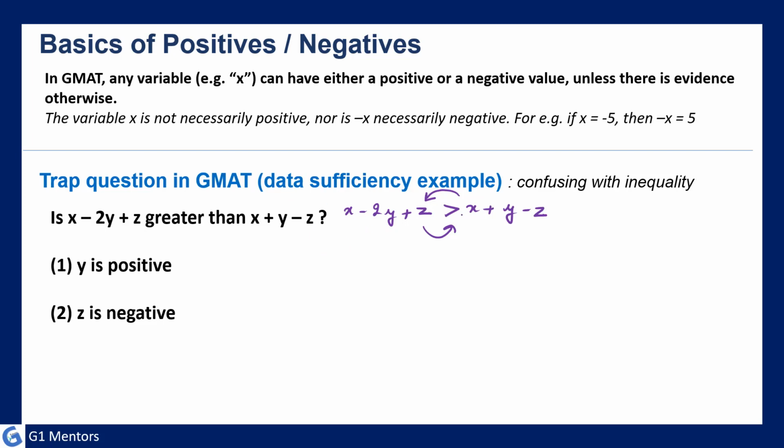Okay, so x and x get cut. Let's bring z to this side, so it means 2z, and let's take y to this side, is greater than 3y. Okay, so this is the question: is 2z greater than 3y? Since it's a data sufficiency question, we write here AD, BCE.